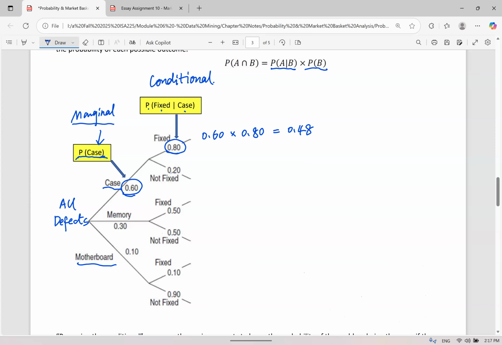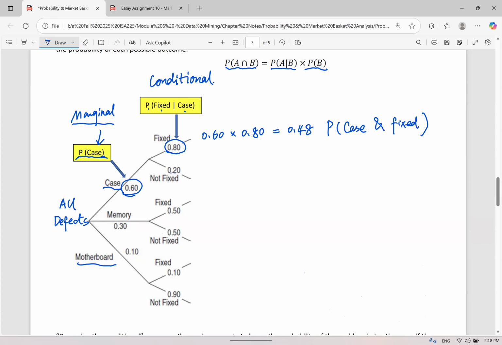So what is this 0.48? Think about it. That's just the probability of A and B, right? So it will be: it is a case alignment defect and gets fixed.